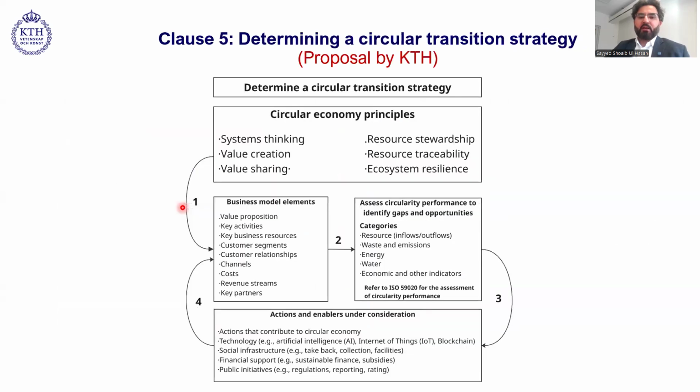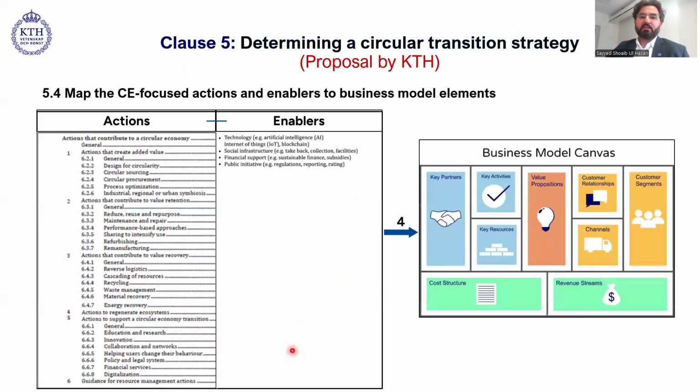After step 3, we move to step 4. Once you have identified the actions and enablers, you go back to your business model concept. You try to map those actions and enablers to different business model elements. For example, do you want to change the value proposition? Can you take some action from here, for example remanufacturing, or maybe sharing to intensify use?